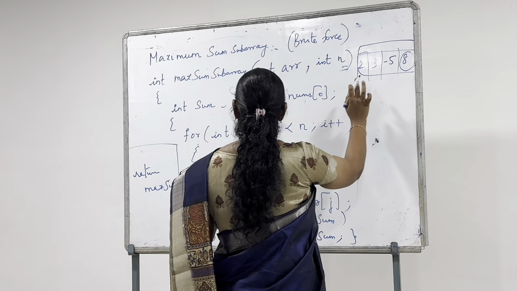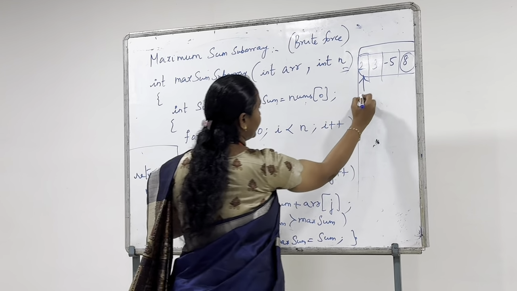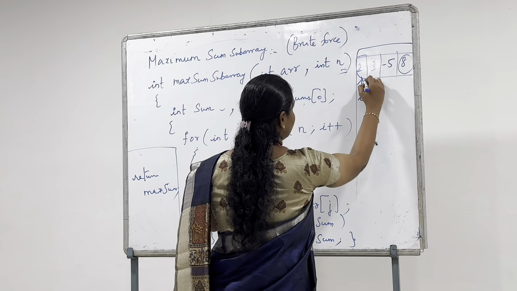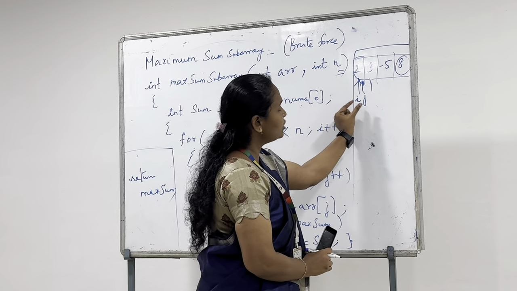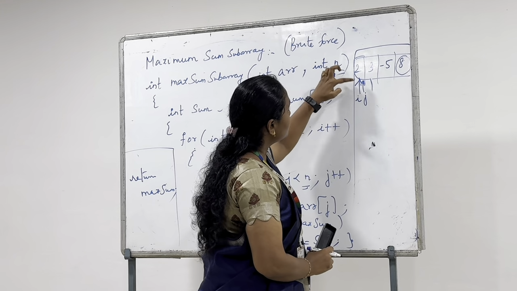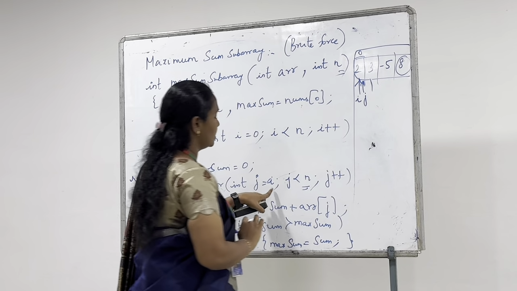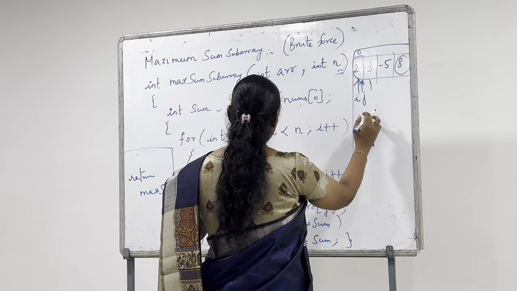So using this algorithm, this program, here this is i and j. I to j is the subarray length. So i starts from 0 and j starts from i. So this 2 is the subarray, and compute the sum.